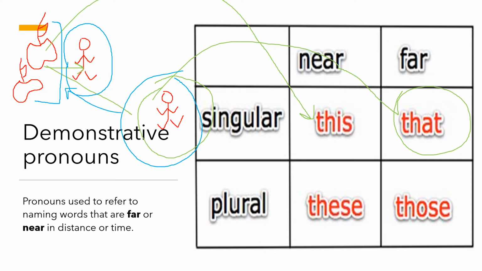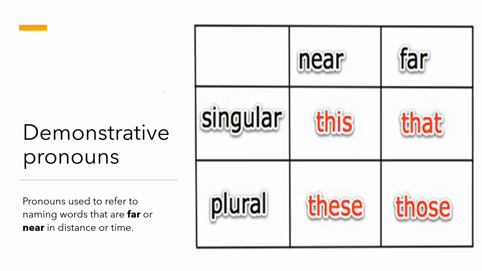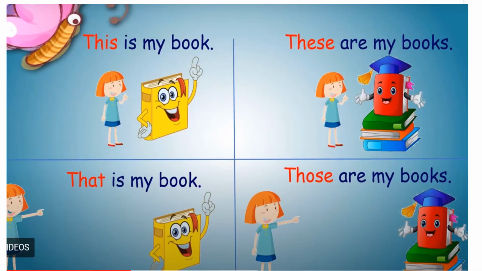There's one more thing we need to keep in mind. The demonstrative pronouns are only four in number: this, that, these, and those. So this thing you need to remember.